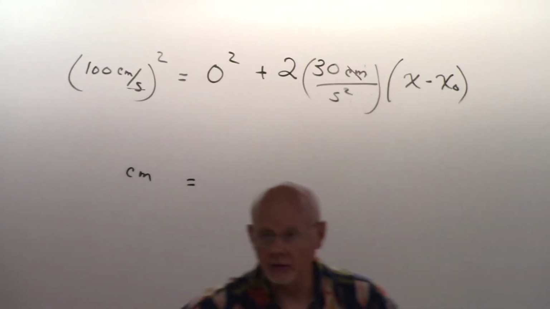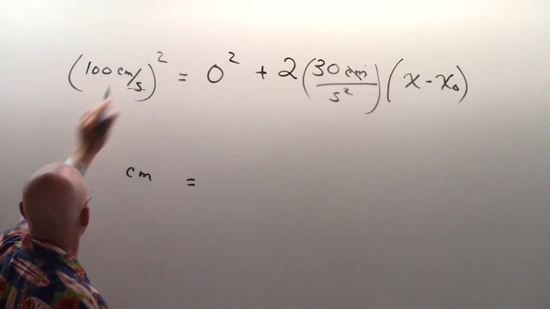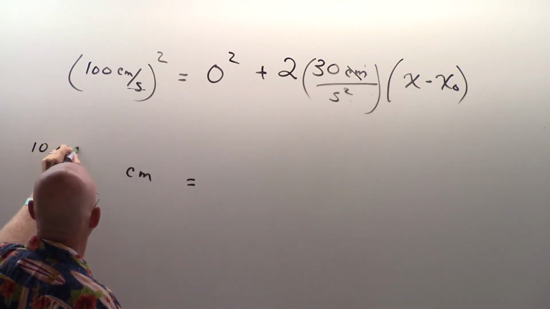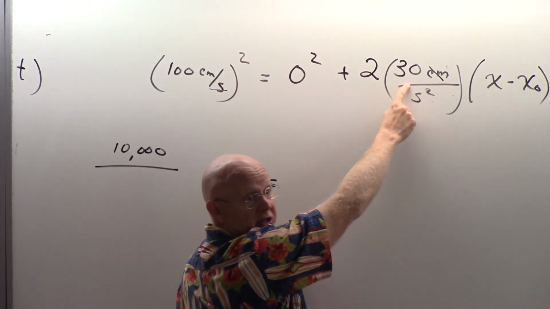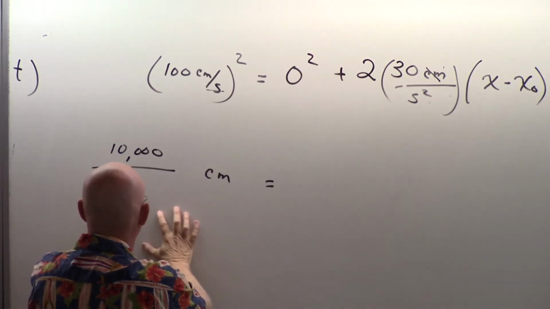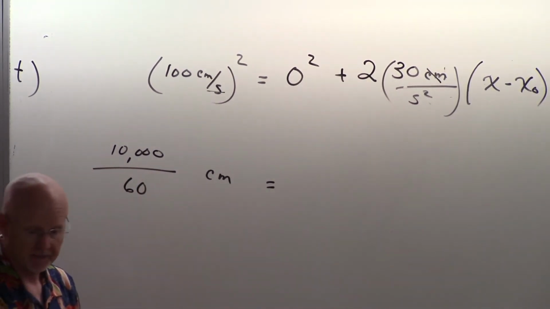Okay, good. And of course, then what I have is 100 squared, so that's 10,000. And then number-wise, 2 times 30 is a 60, and I'll bring it over here, so that's a 60.